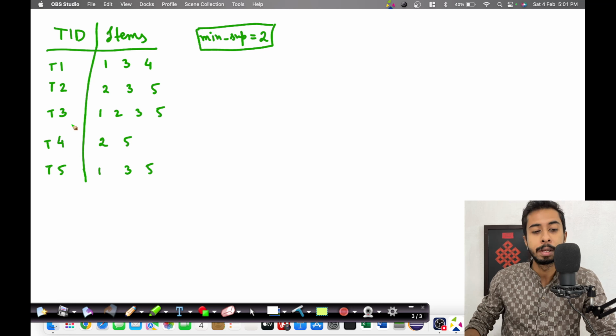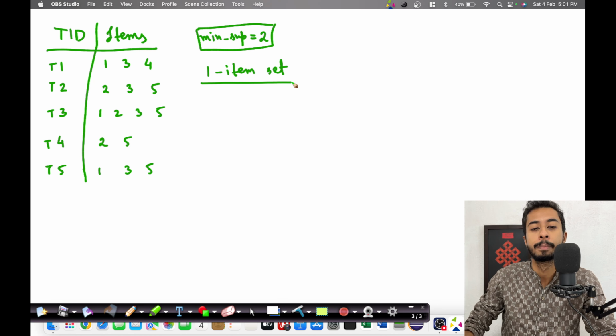One item set can be found out like this. Let's write it here, one item set. We'll simply write the items. What are the items? These are 1, 2, 3, 4 and 5. These are the 5 different items that are present.